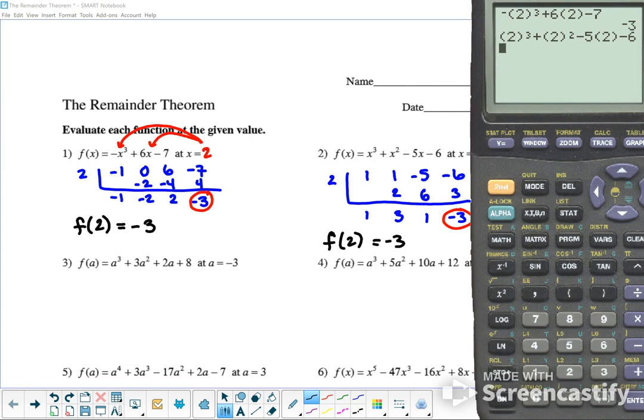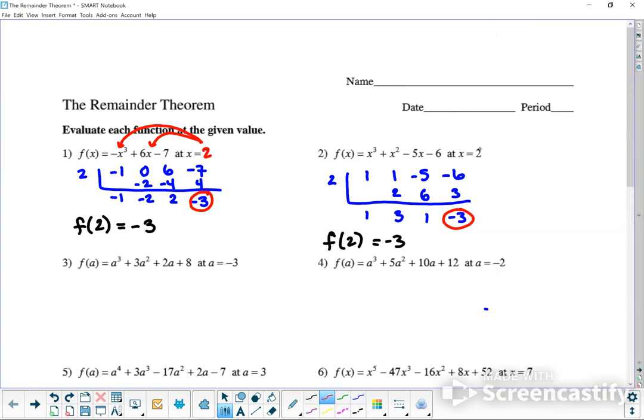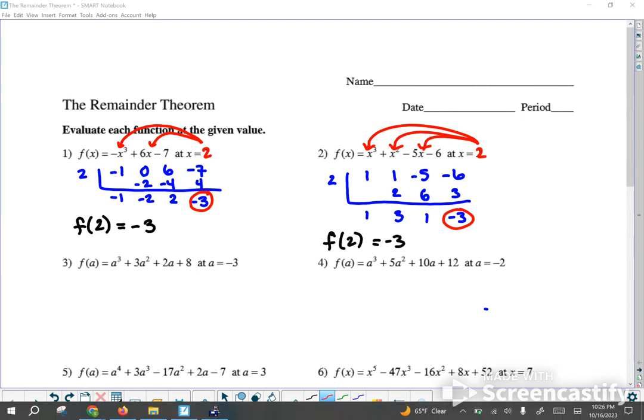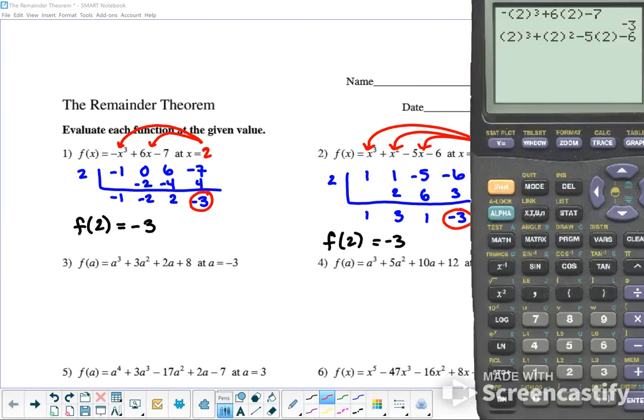All I'm doing there is just plugging this 2 into all these x's right there. And you can see when I type it on the calculator, it looks exactly the same. So 2 to the third plus 2 to the second minus 5 times 2 minus 6. Oh, that's -4.